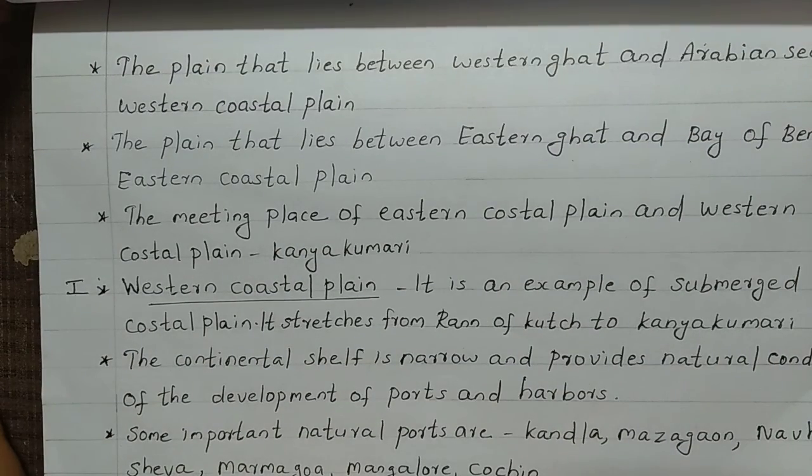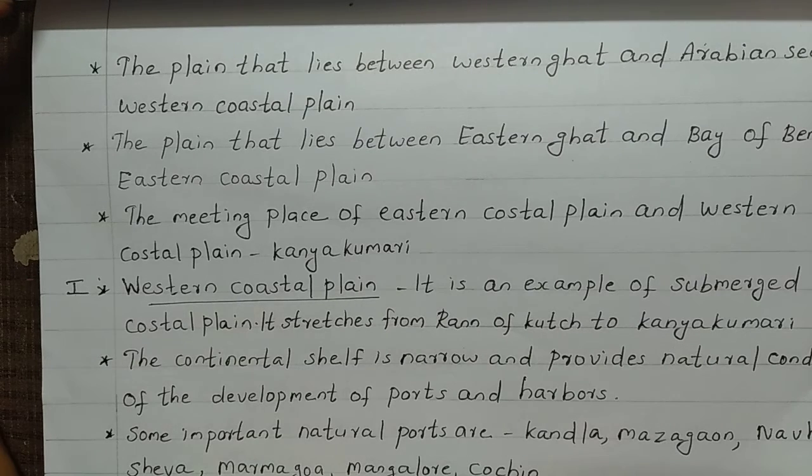The plain that lies between Western Ghat and Arabian Sea, Western Coastal Plain. And the plain that lies between Eastern Ghat and Bay of Bengal, Eastern Coastal Plain.